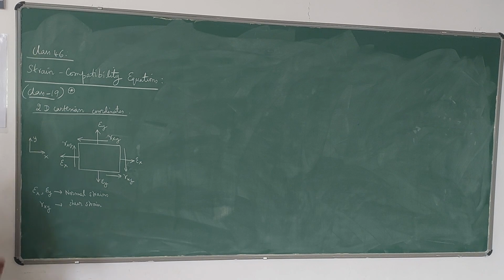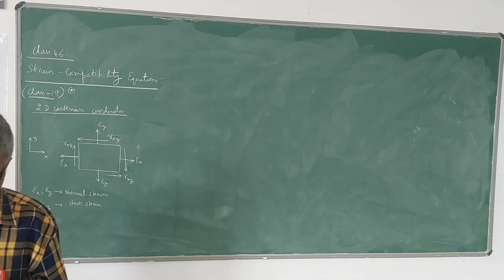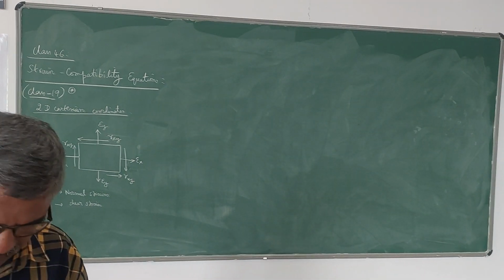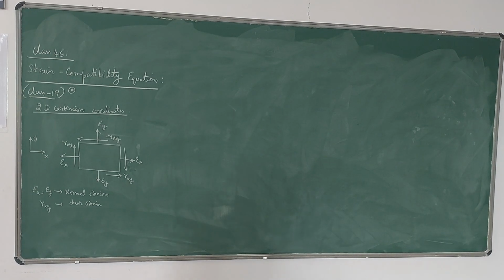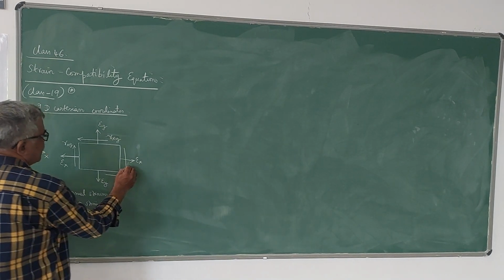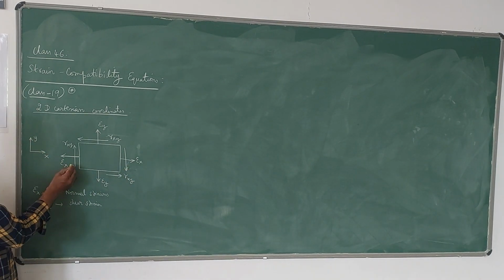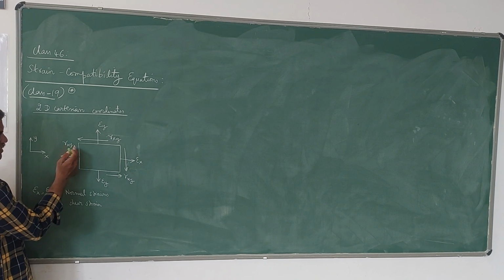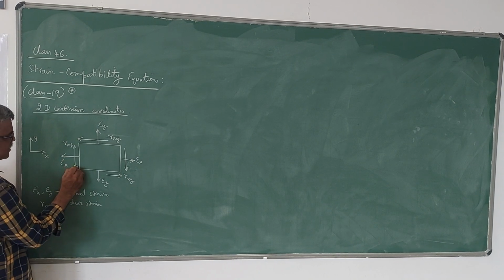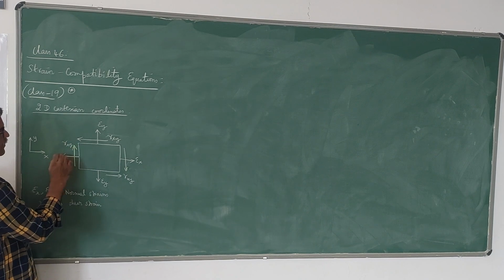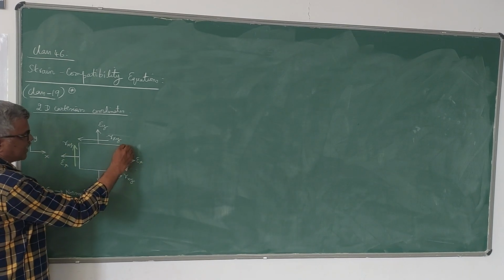Always in SOM we have learned that shear stresses act in a complementary manner. That means if the shear stress or strain on this edge is like this, then on the opposite side, it will be like this.